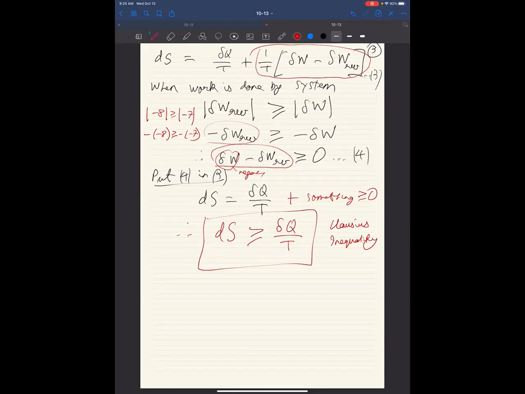So this inequality is super, super, super important. Why is it super important? First of all, this S over here is S of the system. This Q over here is heat given to the system.